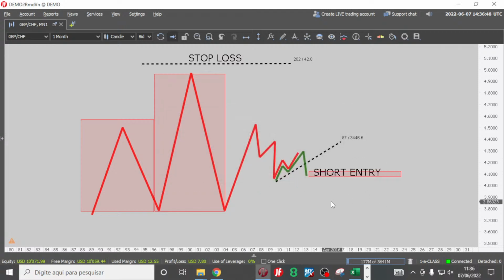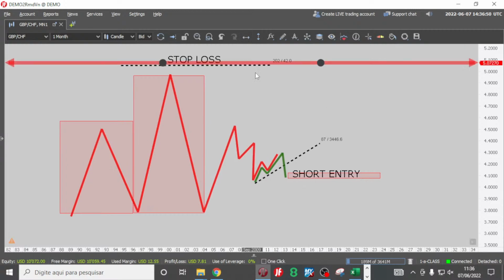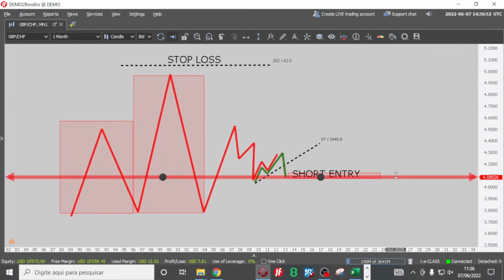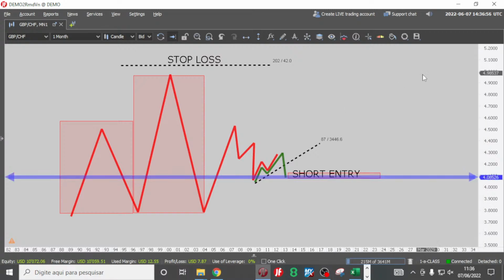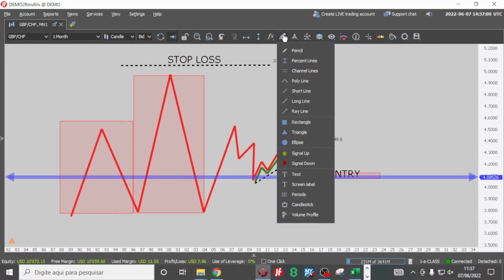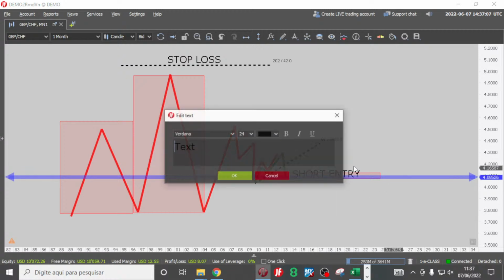Okay? So if this is the case, we are entering at the price level. Don't bother with the numbers, everybody, just an example, but we are entering with the blue horizontal line. We are entering at 4.08526.